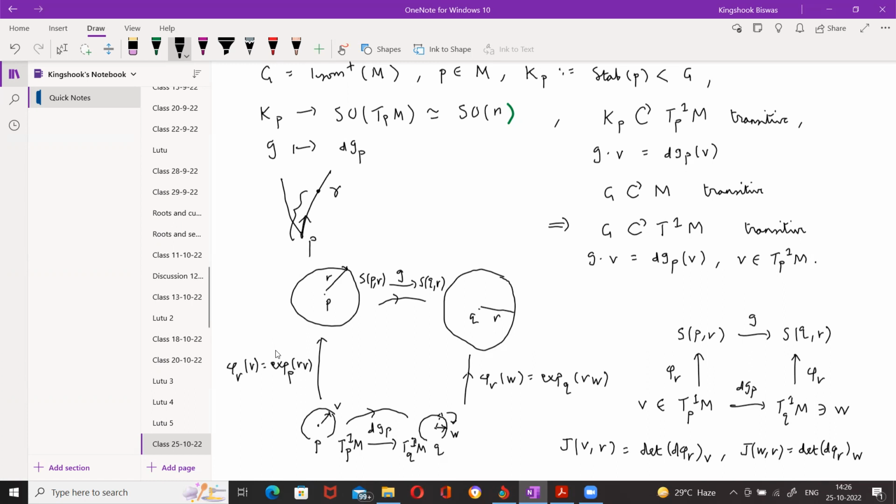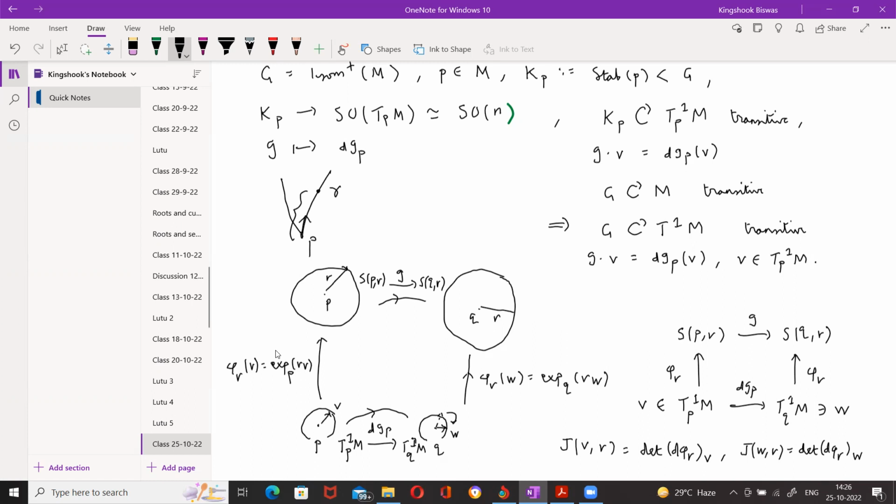And these 2 horizontal arrows, these are isometries, right? So these 2 derivatives are going to be isometries. So their determinants are going to be 1, right? So by the chain rule, the product of this determinant and this determinant is equal to the product of this determinant and this determinant.